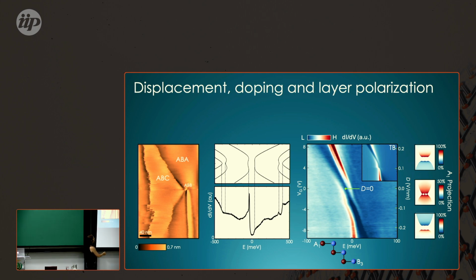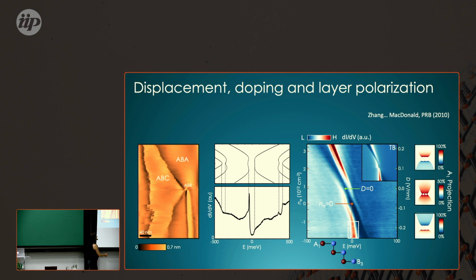Okay, so now luckily in this sample the zero displacement field coincides with actual zero displacement field. There is no offset due to some work functions, and this kink is actually the CNP, which we recognize by the change of the slope, which reflects the compressibility, and in this way we can identify the CNP.